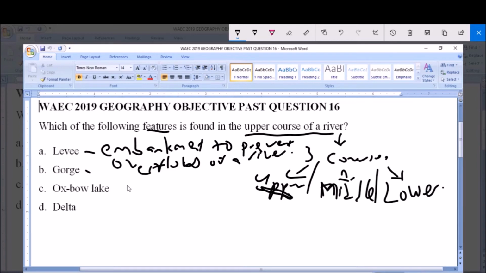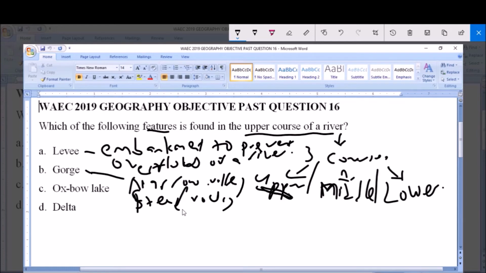Now, a gorge is a narrow valley between hills or mountains, typically possessing steep rocky walls, and then with a stream running through it.